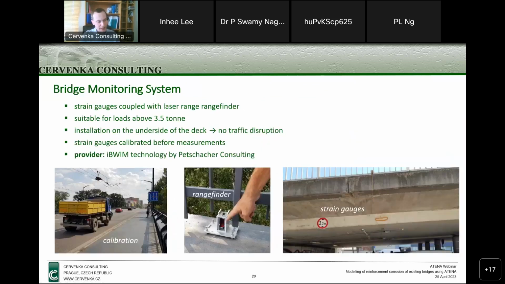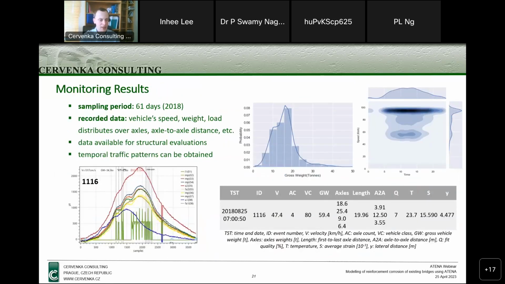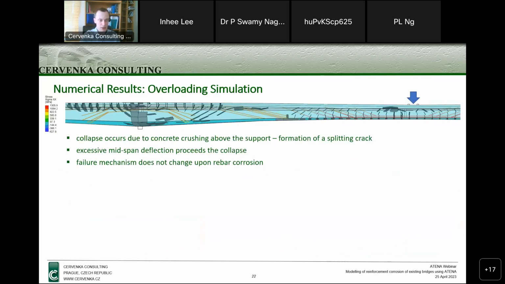As I was explaining, there was some measurement conducted on the bridge in order to calibrate the model, and after that we validated that and calibrated some of the inputs, and the result was the finite element numerical model.